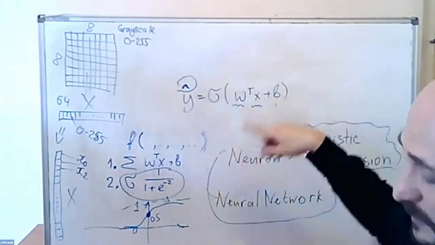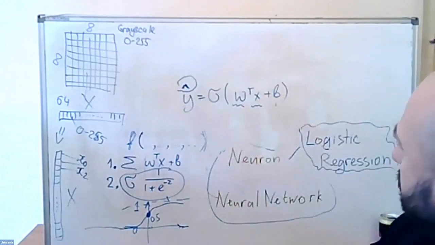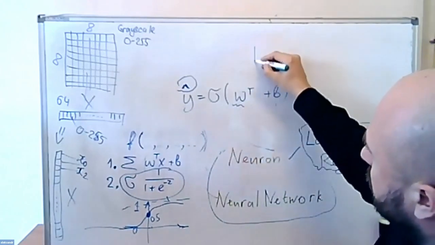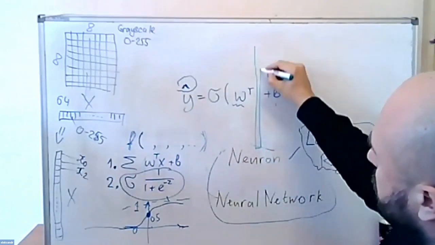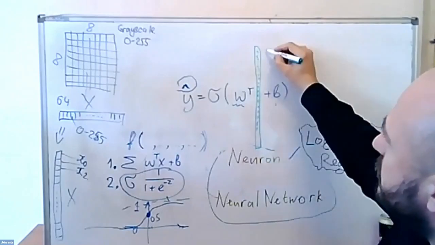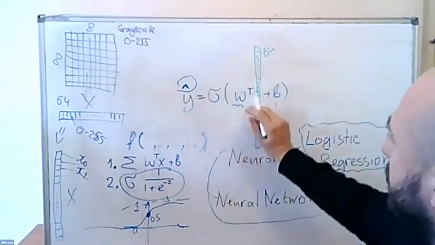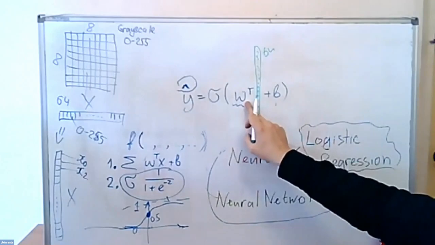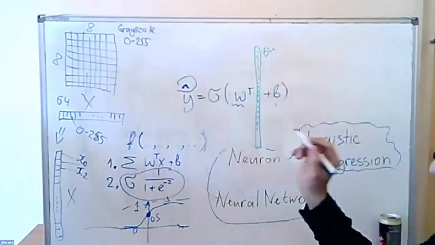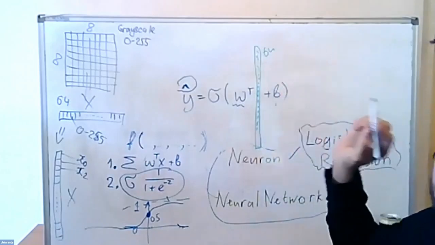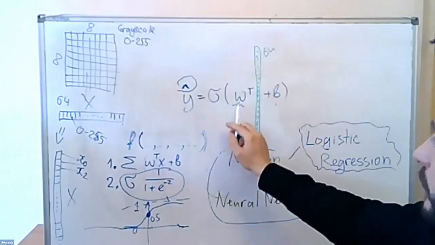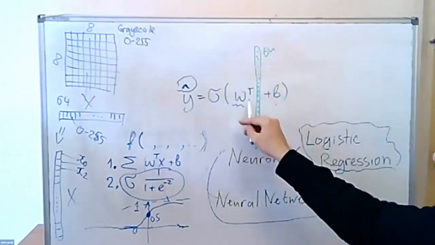In fact, think of this X as a long vector here, currently 64. These omegas are also a corresponding vector that's supposed to be a coefficient for each X here.